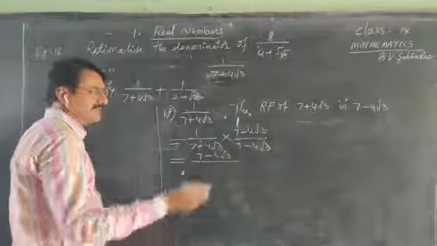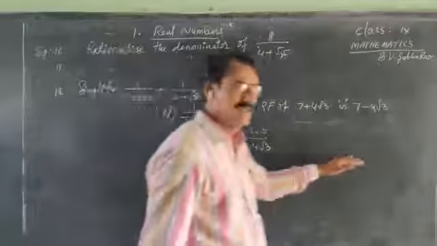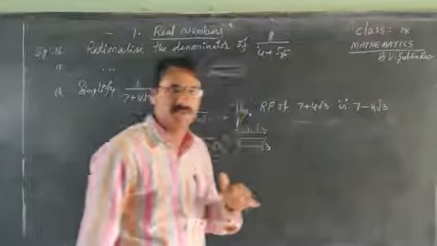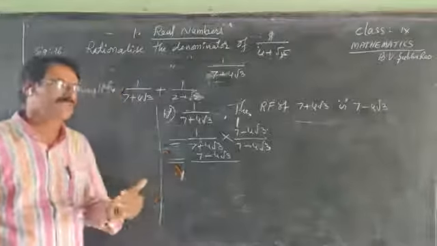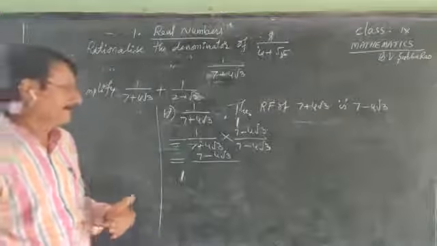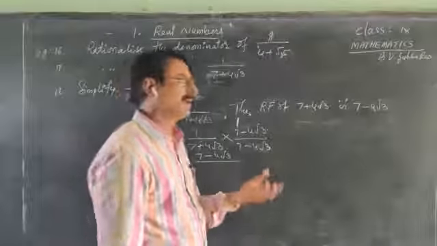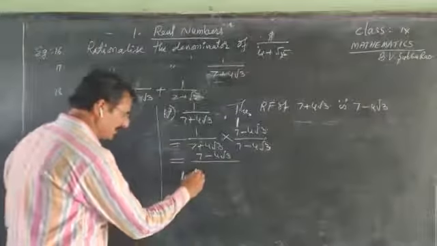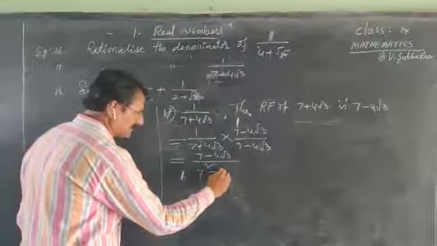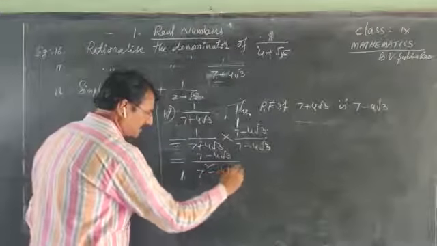It is exactly like I said previously: a plus b into a minus b is nothing but a square minus b square. This is one of the algebra identities. As per that identity, we can write 7 square minus 4 root 3 whole square.